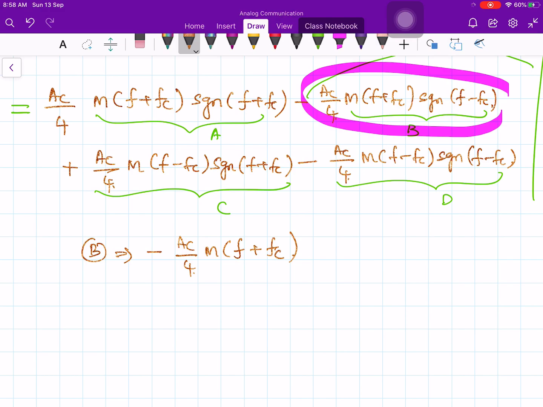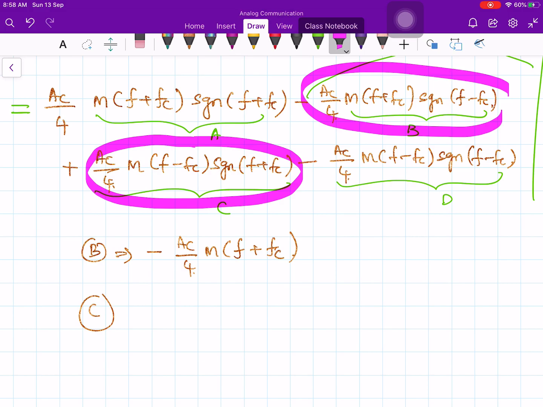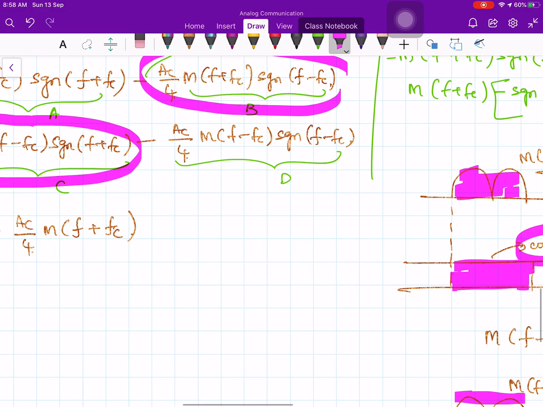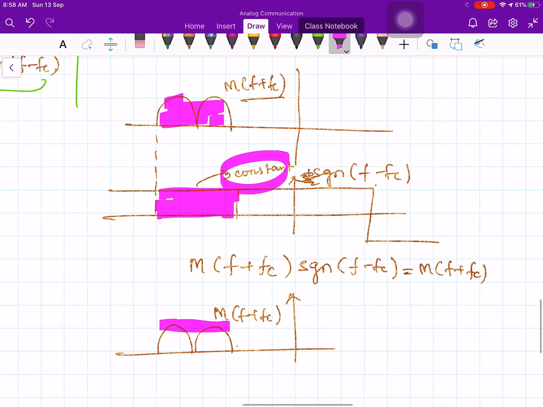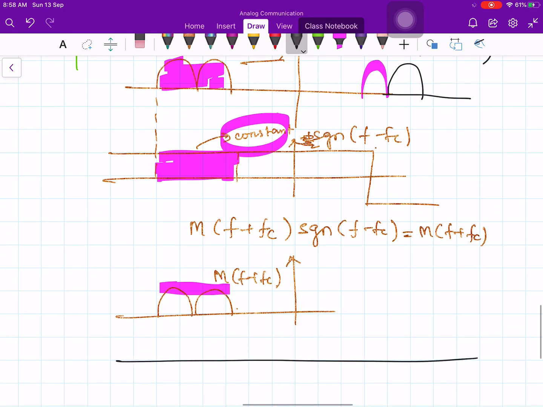Now look at the C term, m of f minus fc times signum of f plus fc. In the same way, this whole thing is m of f minus fc. Multiply that m of f minus fc with signum of f plus fc.